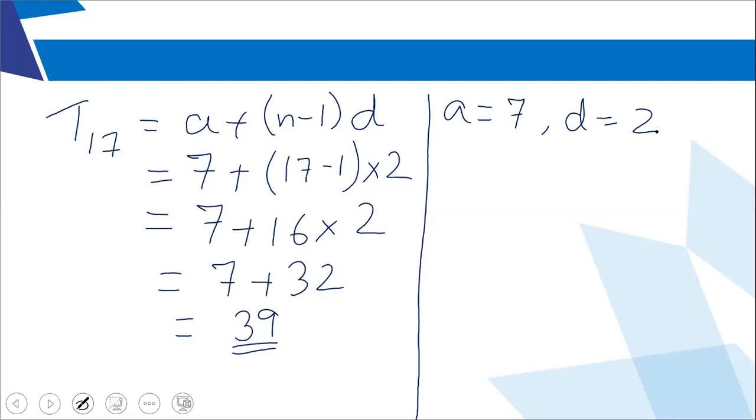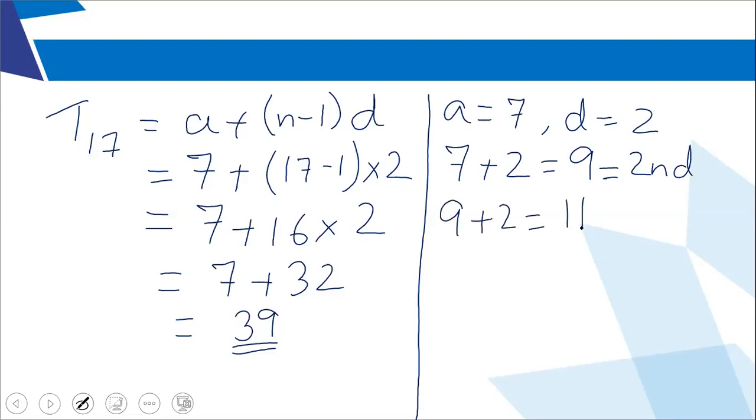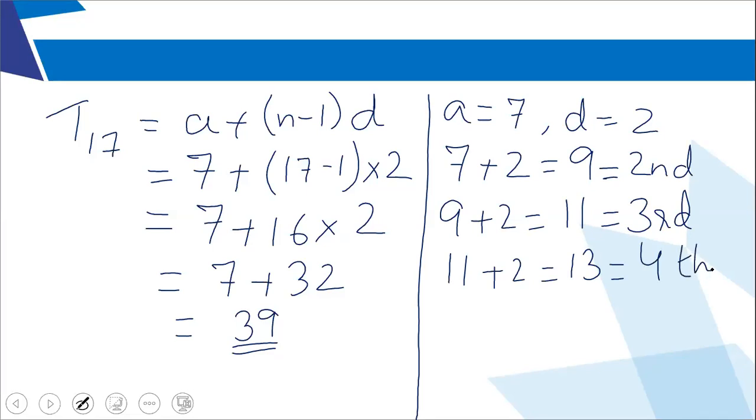Your second term will be 7 plus 2, which is equal to 9. Your third term will be 9 plus 2, which is equal to 11. Then your fourth term will be 11 plus 2, which is equal to 13. After finding out 4 to 5 terms, you can write down the series.